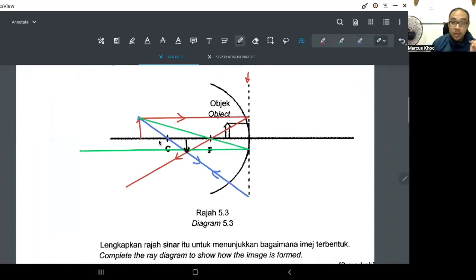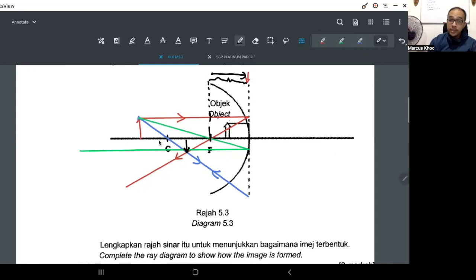But not every diagram will allow you to draw all three lines. There are two things that I want to mention first, before we look at the actual question. In most cases, you should be able to draw something like this, except for cases where the object is in this region from F, until this one.